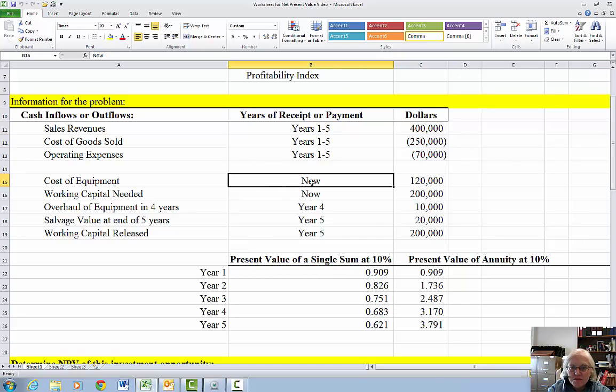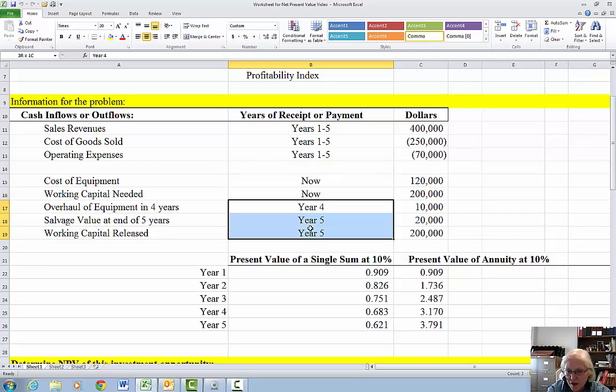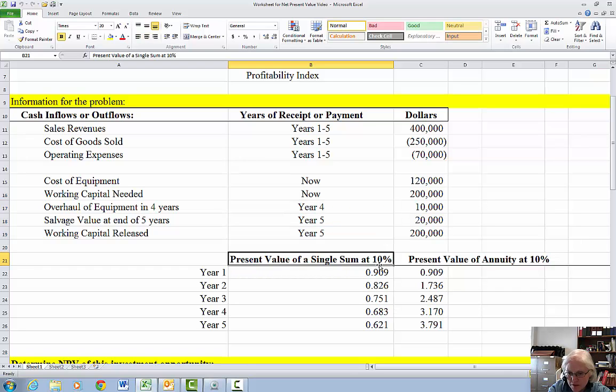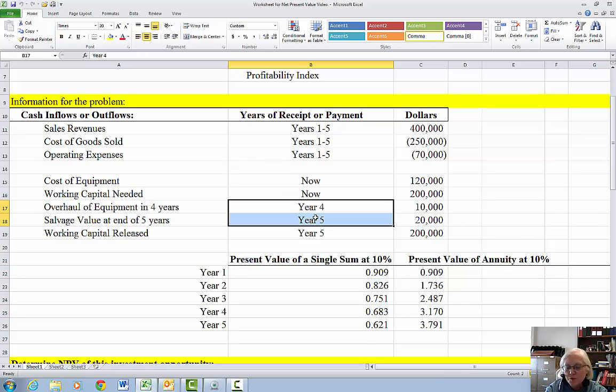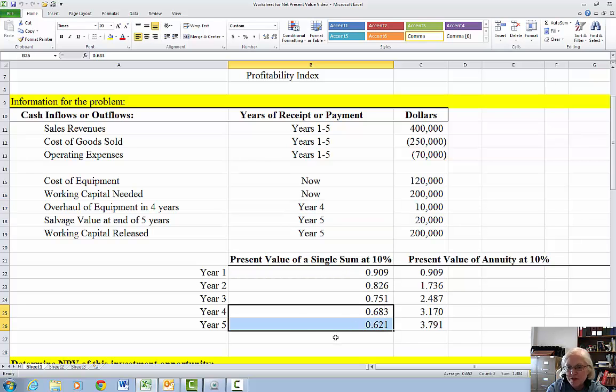All of the items that happen now will be multiplied by a factor of 1, because a dollar today is a dollar today. For years 4 and 5, the things that happen there are a one-time payment or receipt, so that is a single sum. We want to use the values for present value of a single sum for those numbers at the appropriate year, so 4 and 5 will be using those last two.